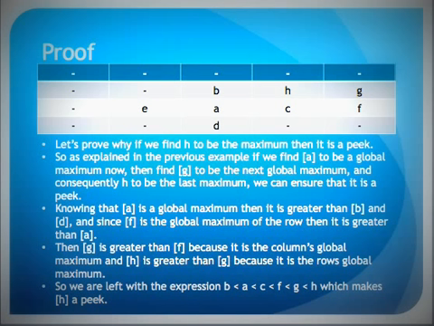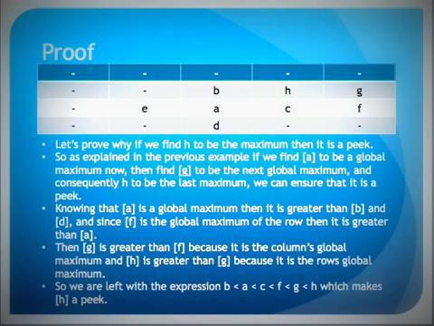We could completely wipe out the left side of this problem. We've gotten rid of half of the matrix. Go to the right side, subdivide that. We find that F is the global maximum of that row, correct? And so now we know that F is the largest element on that row and column that they pair up with, correct?